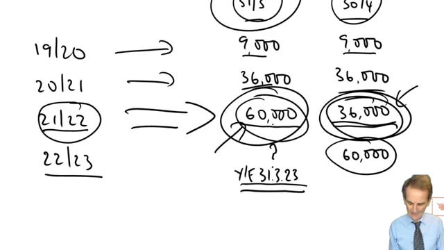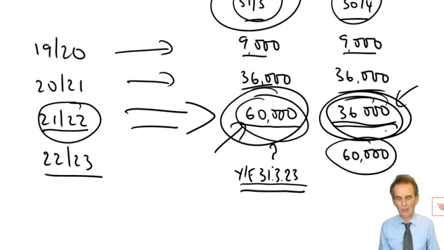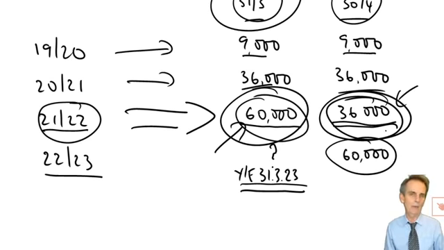Remember, that 60,000, that of course was the year ended 31st of March 22, whereas the 36,000 here was the 12 months to the 30th of April 21. You can check those basis periods with the answers in front of you from these earlier examples.